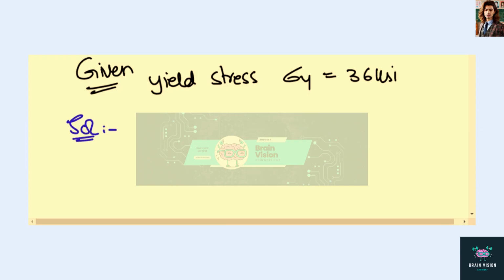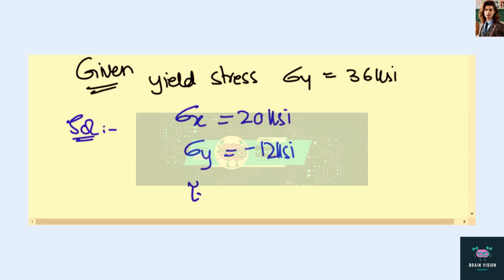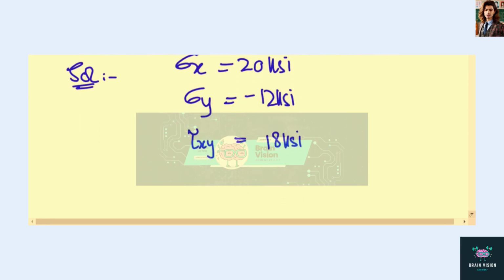Now we are given by the figure of the problem that sigma sub x is equal to 20 ksi, sigma sub y is equal to negative 12 ksi, and tau sub xy is equal to 18 ksi. Now we are required to solve it.